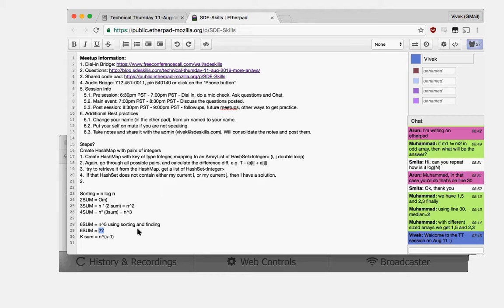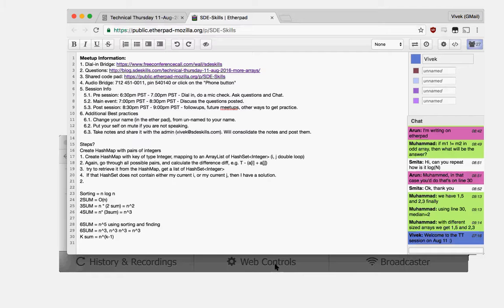So it's identical to the four-sum algorithm, except that the cost of creating it is n cube, the space you need is n cube, right? And then you will use another n cube pass to figure it out. So net of it is n cube.